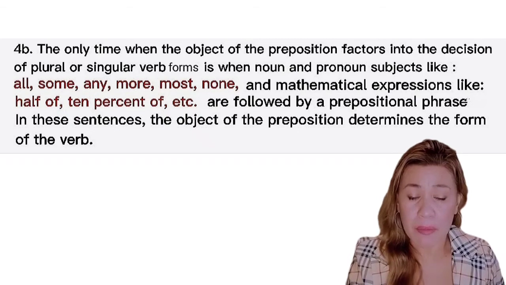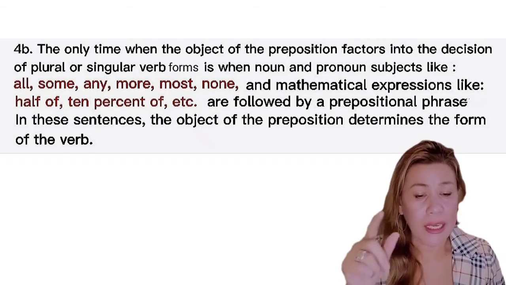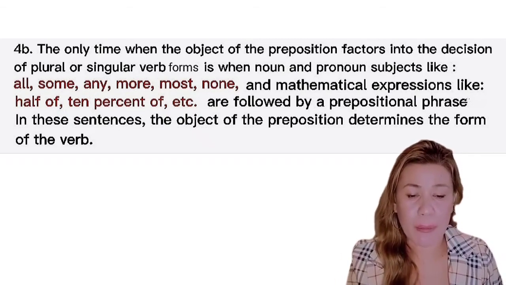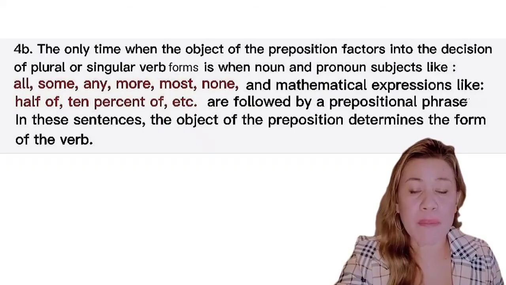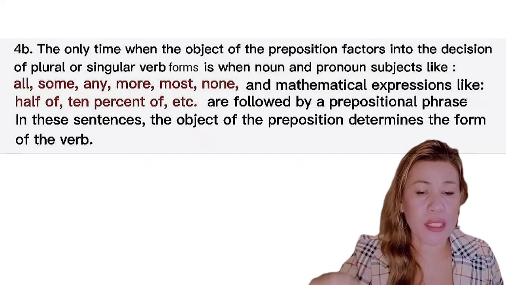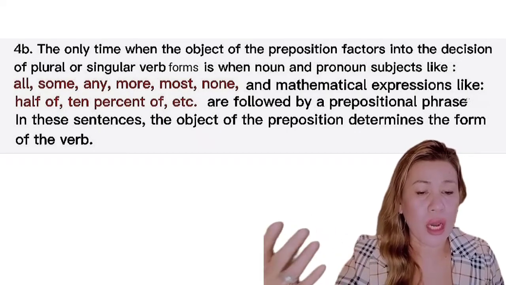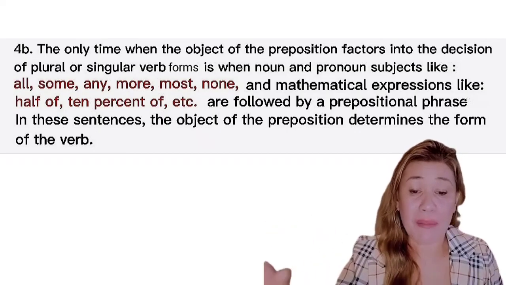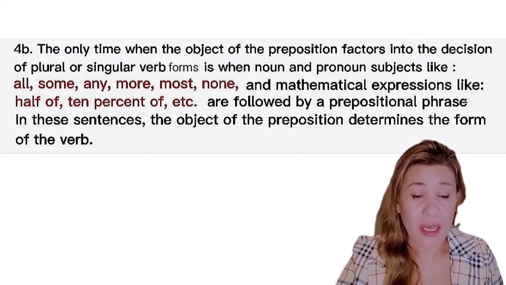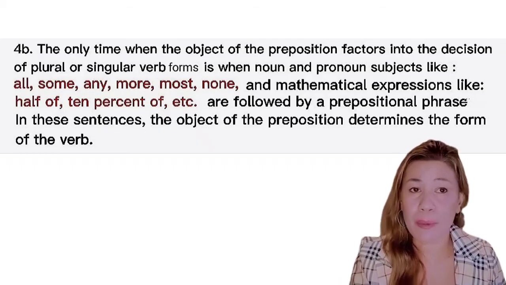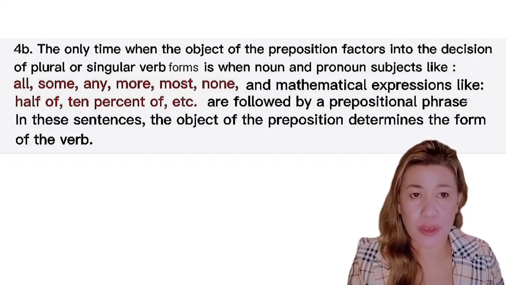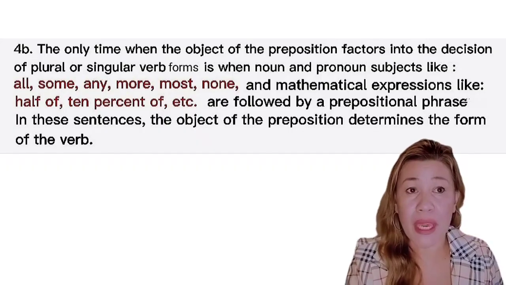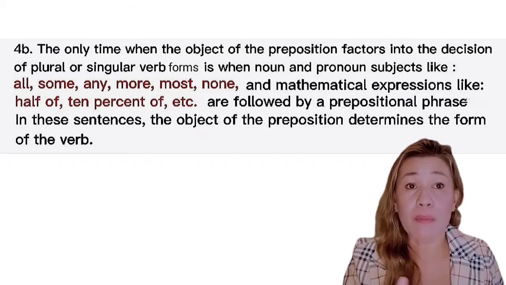So, be very careful in identifying the object of the preposition, because when you are following Rule 4b, which involves all, some, any, more, most, or none, and mathematical expressions, then your object of the preposition is the determining factor for our decision to make it singular or plural.